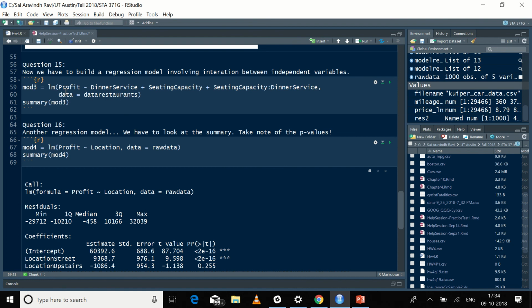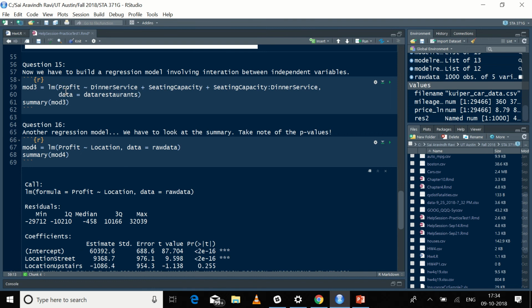I'll just run the model now. It's profit against dinner service plus seating capacity. There are two ways of writing this. One way would be to define seating capacity times dinner service before the LM statement, name it as a new variable, and reference that variable name inside the LM statement. That would do the interaction.